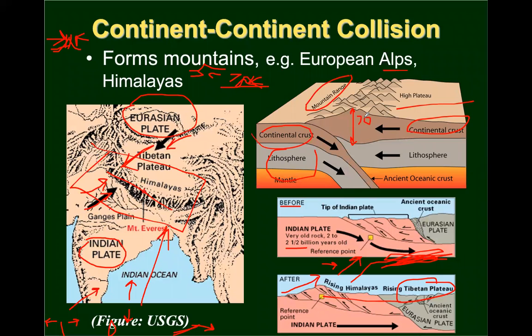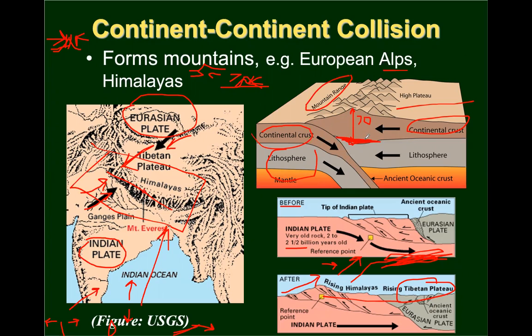So 70 kilometers means it's exerting a huge pressure in the deep part, right? 70-kilometer-thick rock layers mean huge pressure.